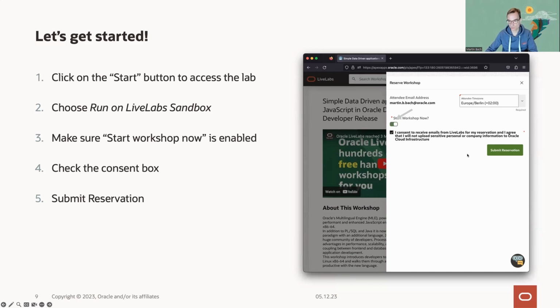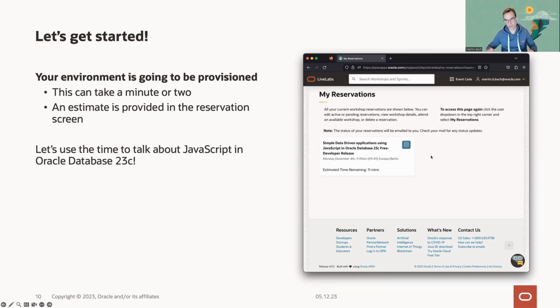So start workshop now, I consent to receive emails from Live Labs, and click on submit reservation, which opens the next page, called My Reservations. In here, you see that it is going to take a minute or two; in my case, it was 11 minutes when I last tried it, to provision the environment which we're going to use.